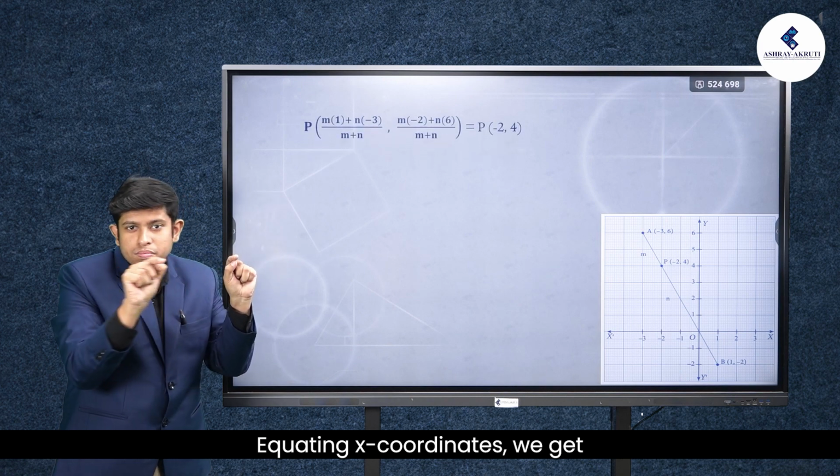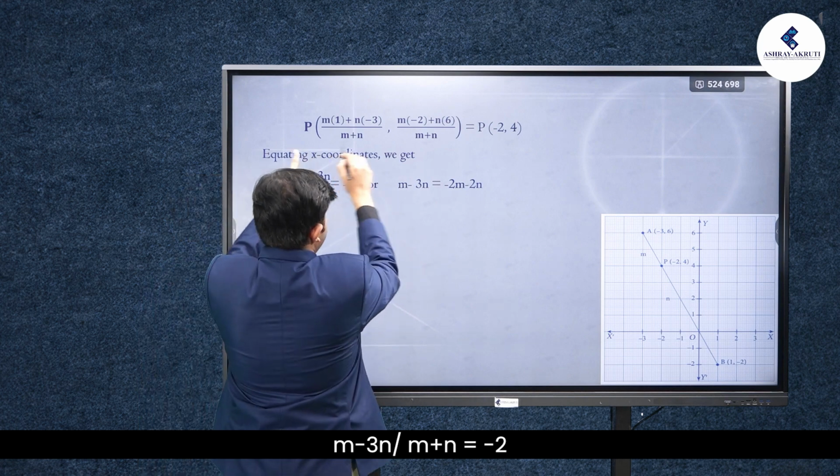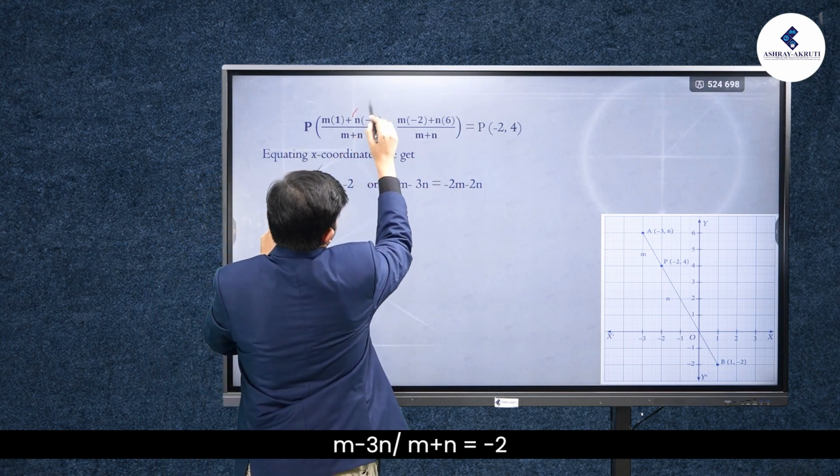Equating x coordinates, we get (m minus 3n) by (m plus n) is equal to minus 2.